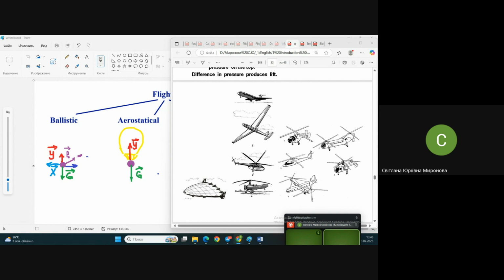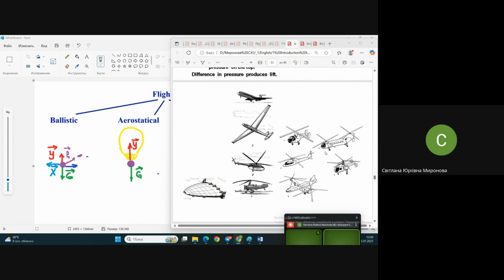So practically they stay in place, but you provide the air flow due to rotation of these specific surfaces. And as a result, again, you have some force directed to the top, lift on each of these surfaces.